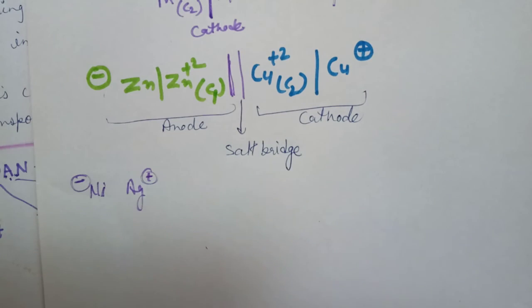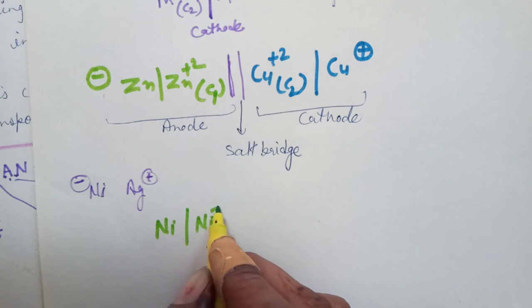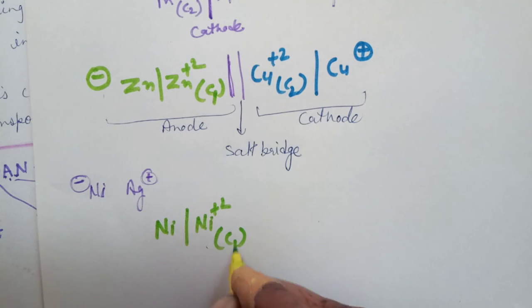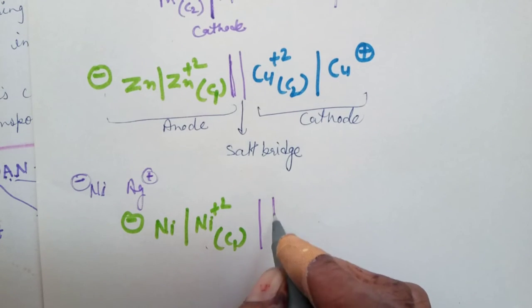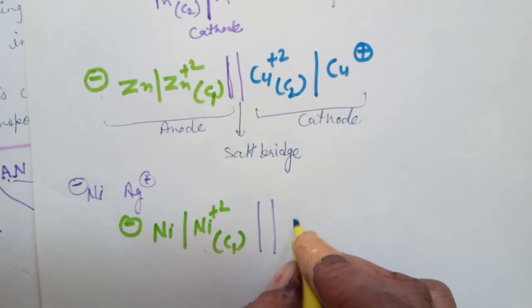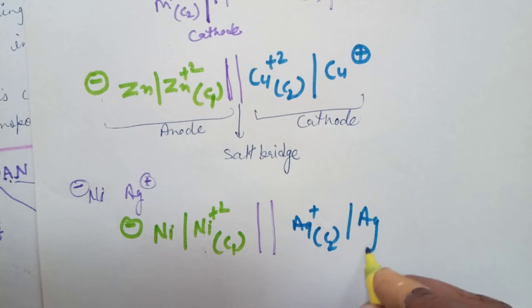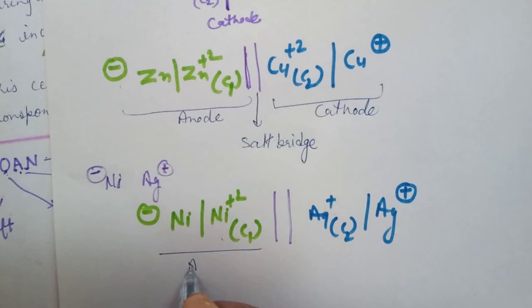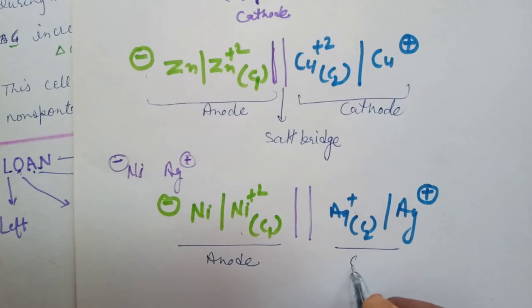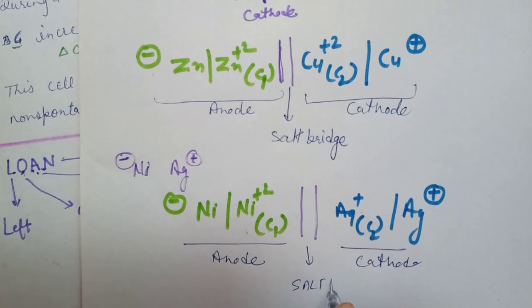Here Ni, vertical line, Ni plus 2, with its concentration, negatively charged, then the salt bridge is shown, and then Ag plus with concentration C2, vertical line, Ag, with a positive charge. Clear? This is the anode, this is the cathode, and this is the salt bridge.